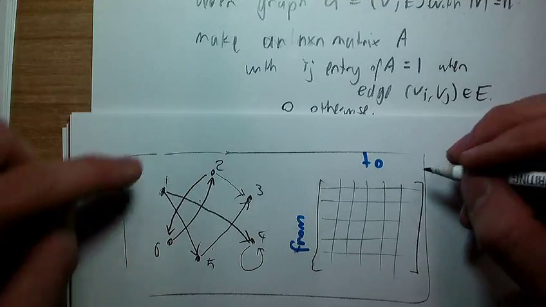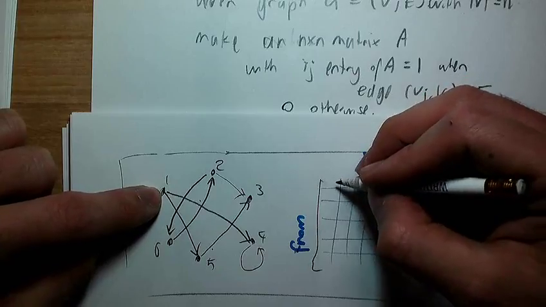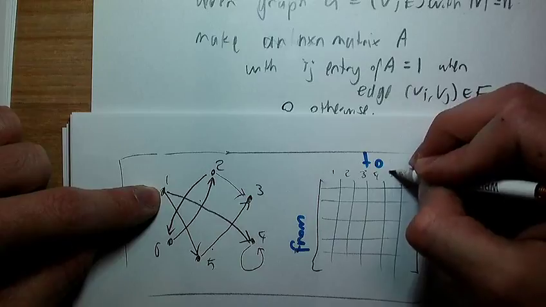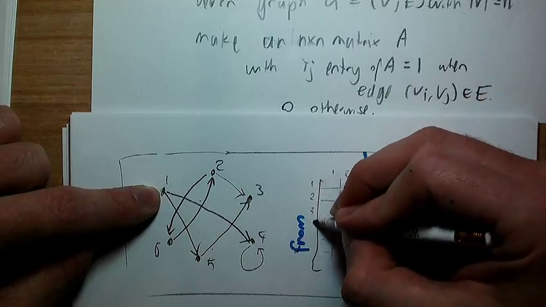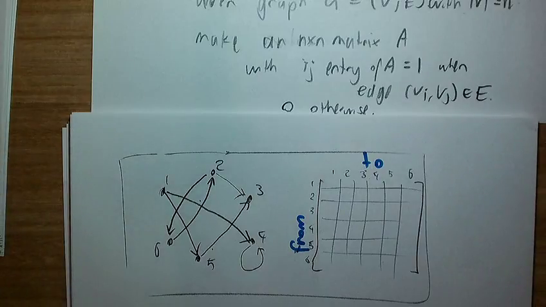Okay, so from 1 we can go to 4 and to 5, but 1 doesn't go anywhere else. None of these headings that I've written are actually part of the matrix. The matrix doesn't include the headings.